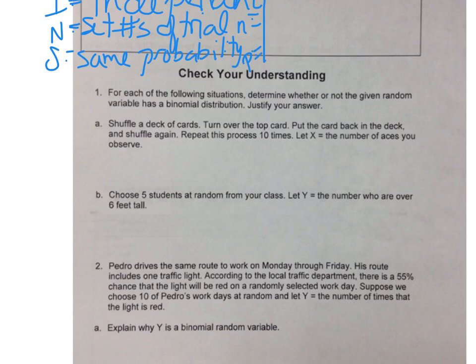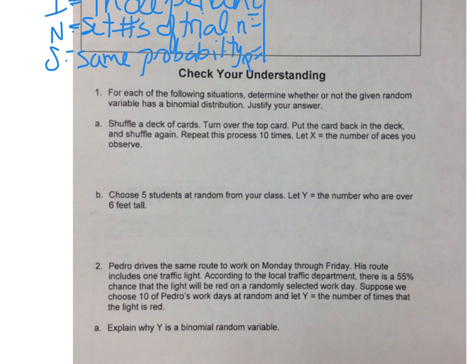So let's look at this formula. I know we said we'd look at it in class, but let's go ahead and look at it now. The formula is the one on your formula chart, P(X = k).